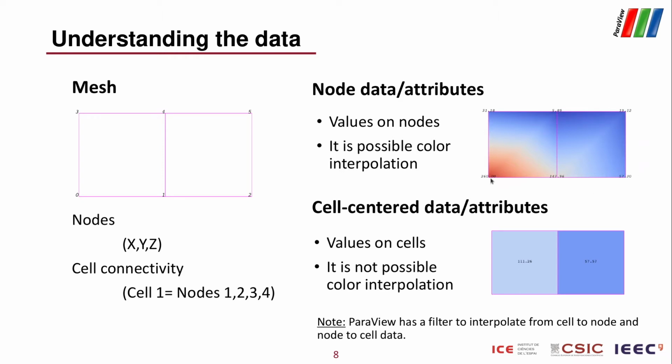And then in ParaView, it is possible to interpolate with this gradient of color and to obtain this visualization. On the other hand, if the data is cell-centered, the values are in the center of the cell, and it's not possible to do this color interpolation. We will have a color for each cell.